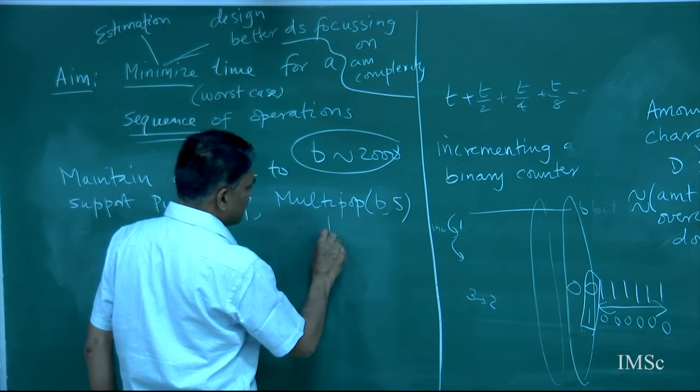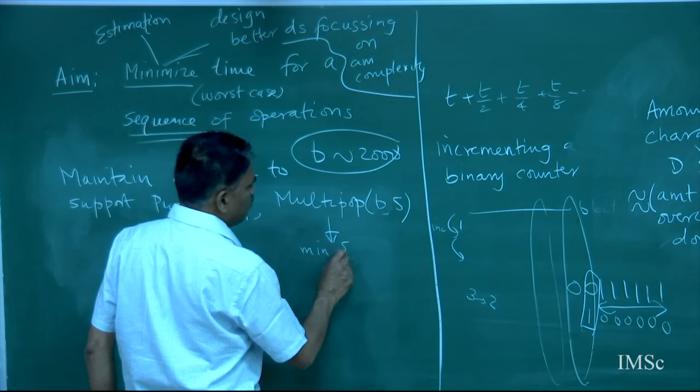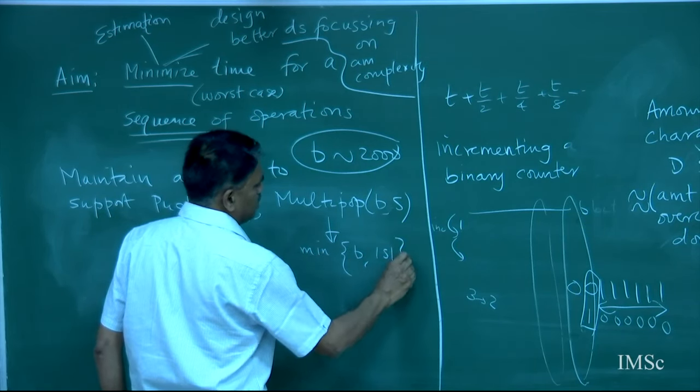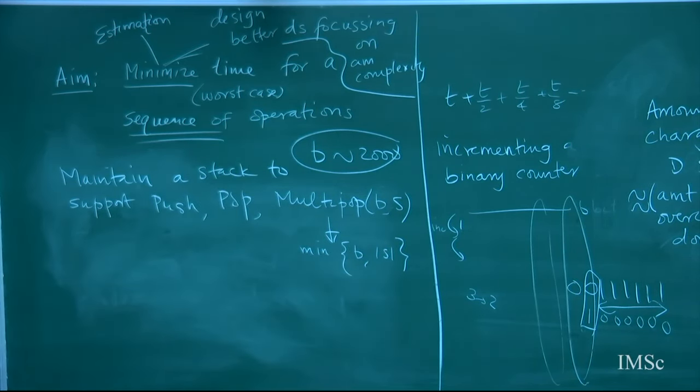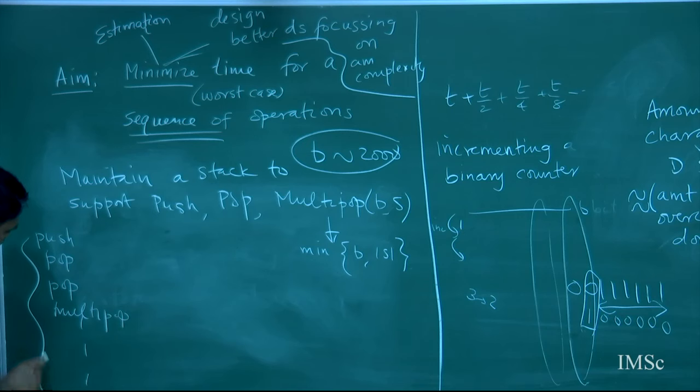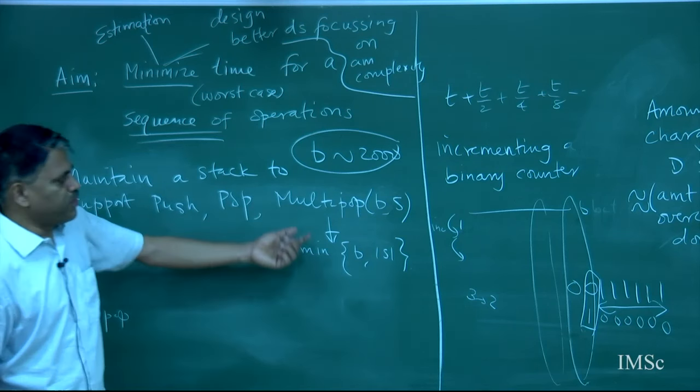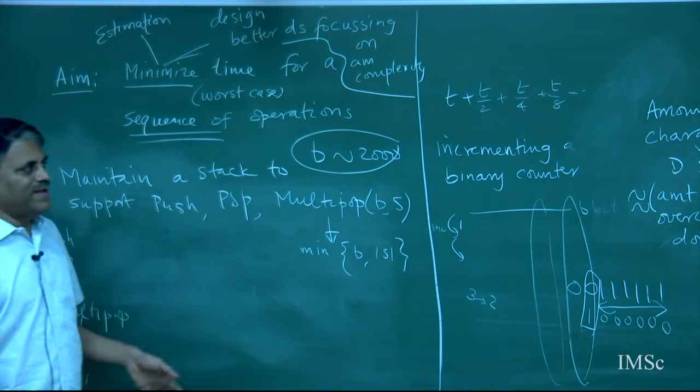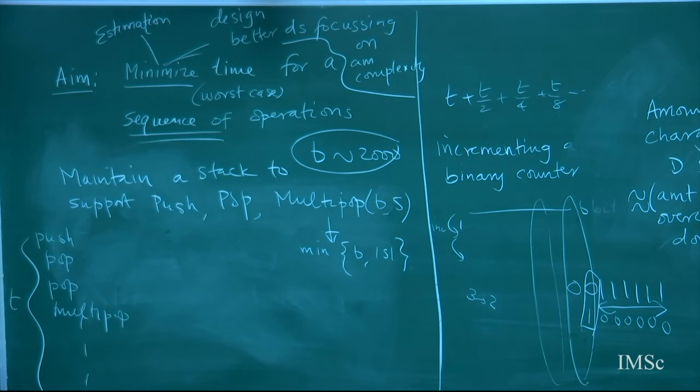So the actual time for this would be the minimum of the stack size and B. Now I give you a sequence of T operations, and I want to understand how much total time it will take. The worst case for one of these operations is at most B, so the immediate rough estimate is T times B, and we want to give a better estimate.